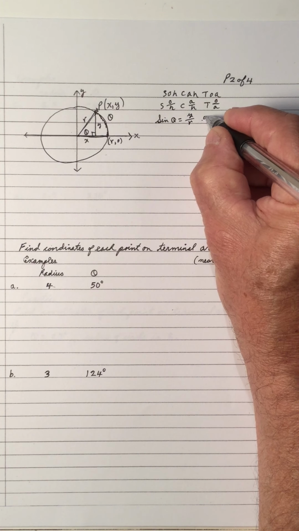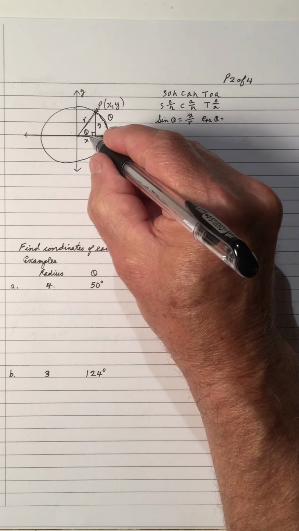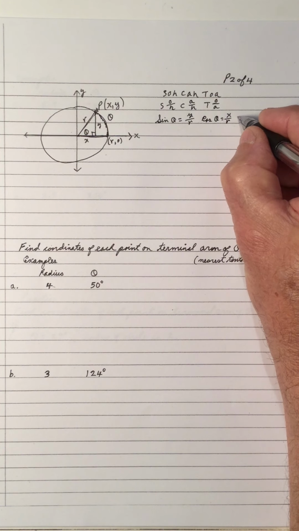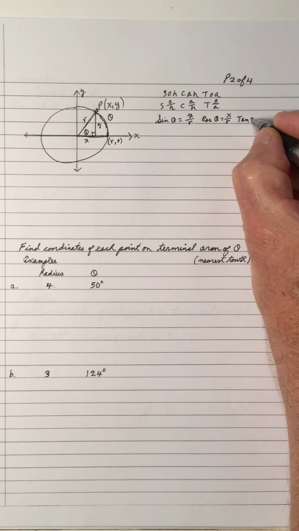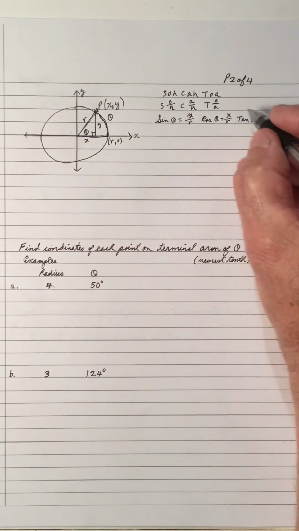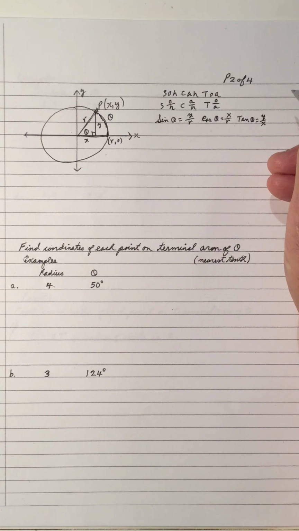The cos of theta is the adjacent over the hypotenuse, so it's the x over the r. And tan theta is opposite over adjacent, so tan is the y over x. I just reviewed that to make sure you knew it.